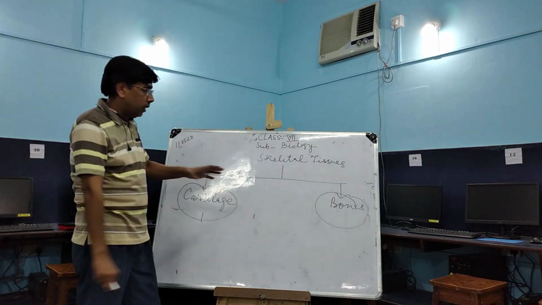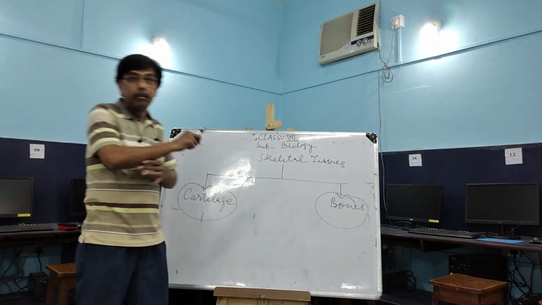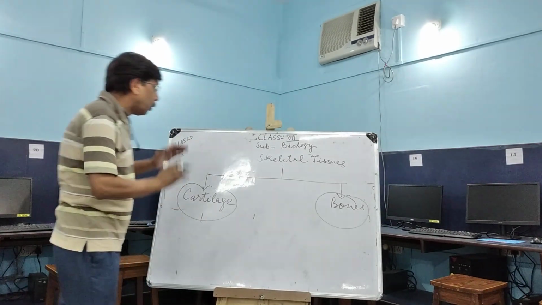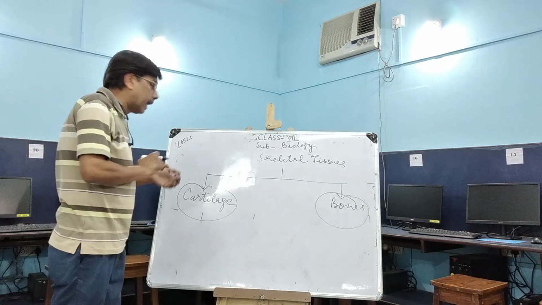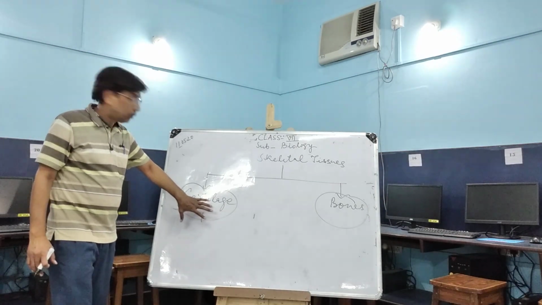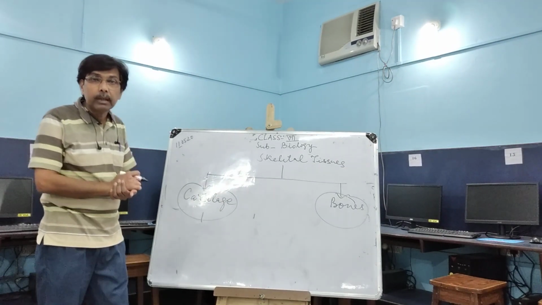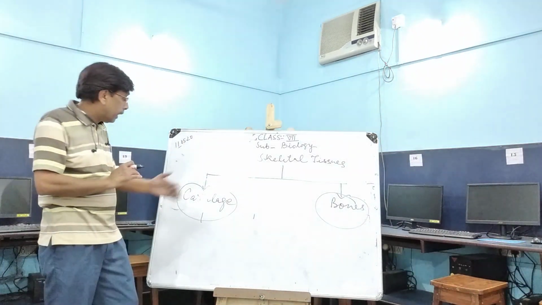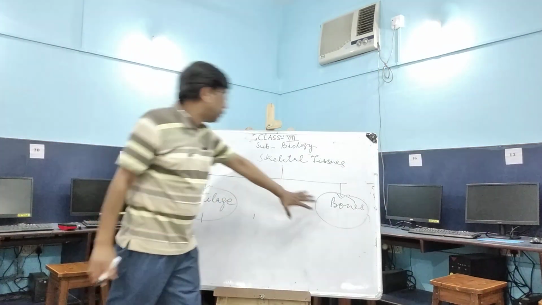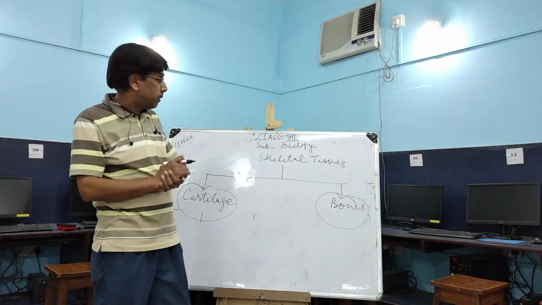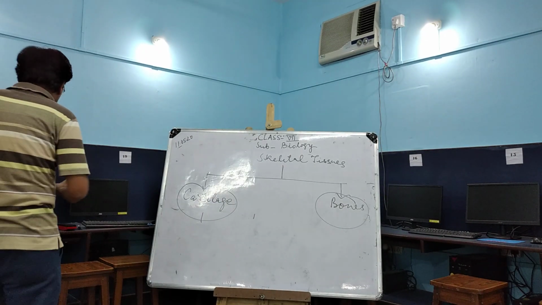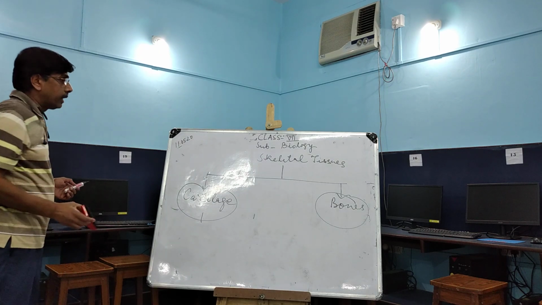Your humerus, tibia, radius, ulna, your femur bone. So bones are harder than the cartilage. Cartilage prevents shocks to the bones in our limbs and reduces friction between the bones. And bones support the body and help in movement. So these are the two types of skeletal tissues.